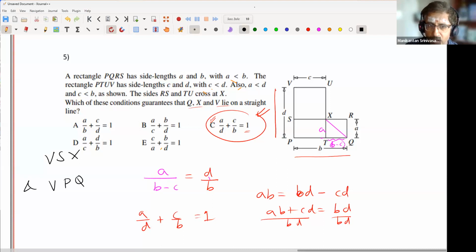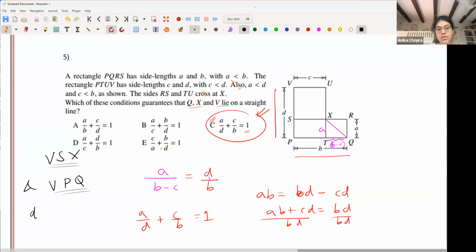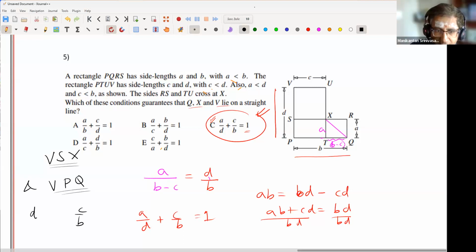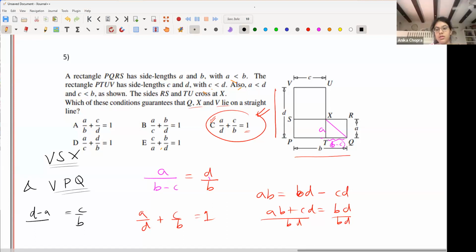But yes, and this will also give you a ratio, right? But that would be one step. Can you just take me through what you did? VSX by what about D minus A over D equals C over B. And then you still have to cross multiply, no?